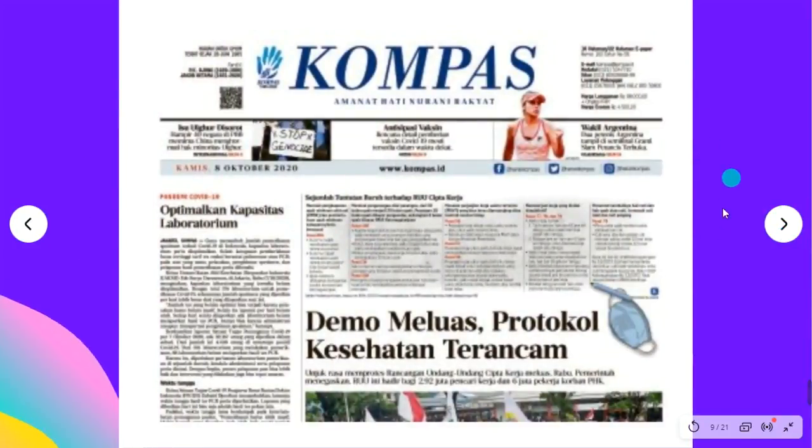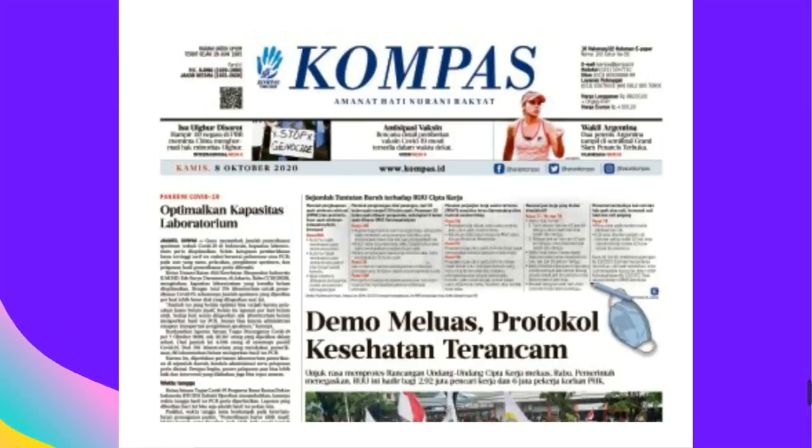Here we get news from Kompas, and this is the title, "Demo Meluas, Protokol Kesehatan Terancam." Of course you need to read the whole news, but let's pretend that you have read it, and we come to a conclusion that this news mostly talks about the effect of the demonstration on the COVID protocol that the government is campaigning for all this time.